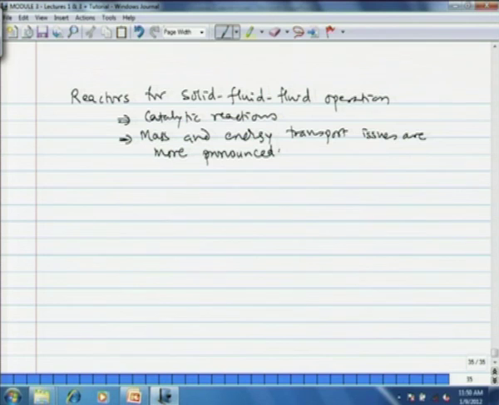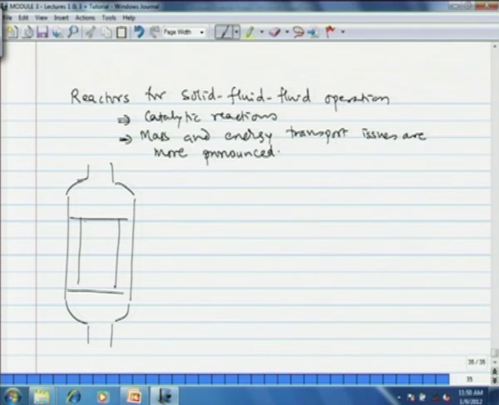The first basic reactor type is a fixed bed reactor, in which the bed of the catalyst is enclosed in a shell and the reactant flows over it. Below and above the bed there is a distributor.